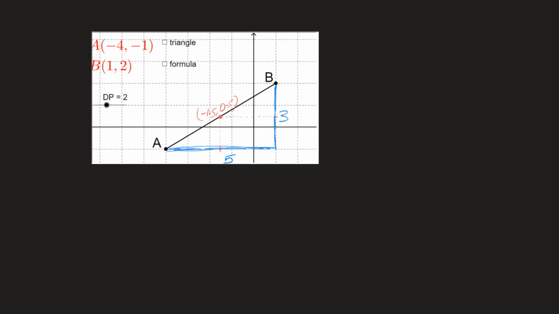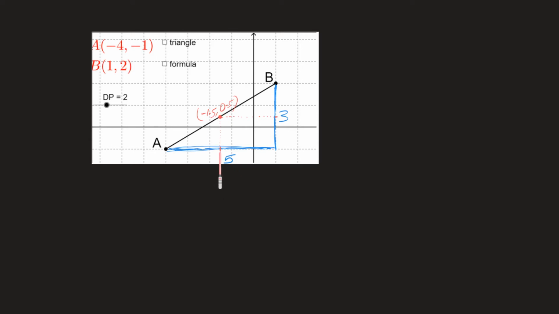Now what we're going to do is look at how we could come up with a formula to help us identify what the midpoint would be, as we are not always given a graph like this one. So if you think about what we actually did, we found the horizontal distance between the points, and we said it was 5.